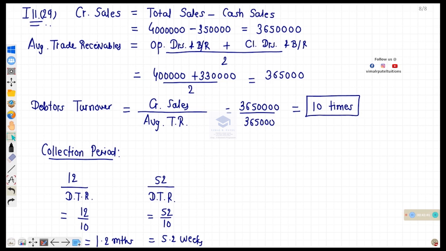And in days, total number of days in a year 365 divided by debtors turnover rate. 36.5 is 37 days or 36 days. Barabar?